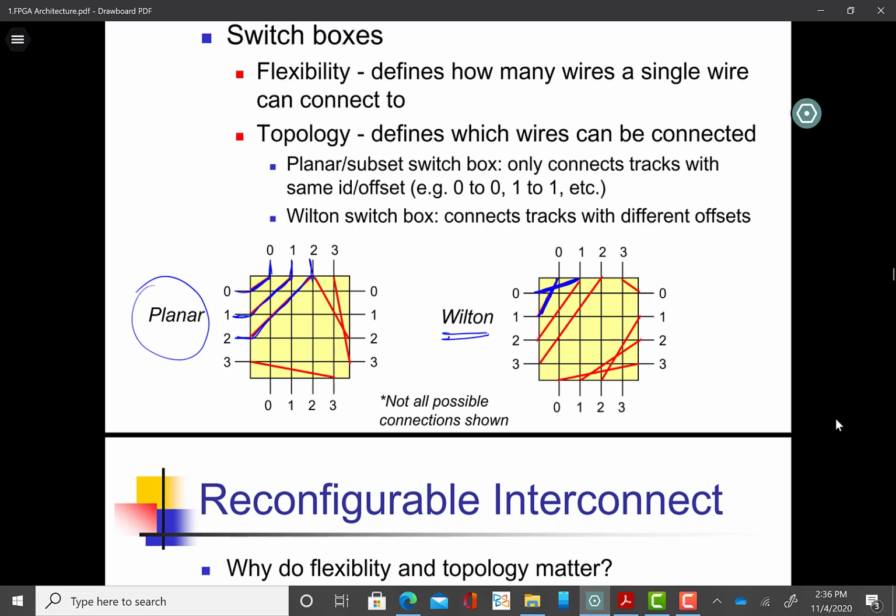You need a computer network architecture, and those architectures have to be efficient for the propagation of packets. So this kind of switch box also has to be very efficient in terms of supporting the connections that are required in an FPGA architecture.